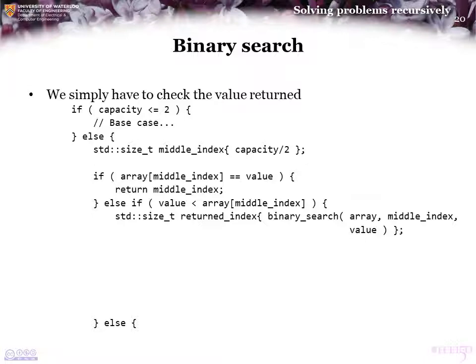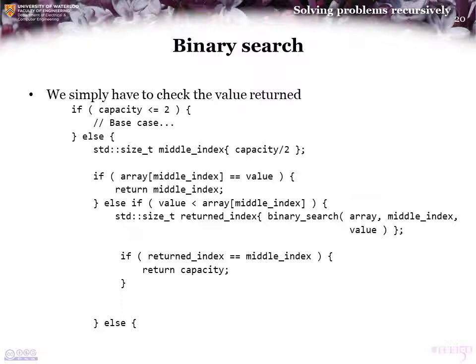Now, we will take whatever value is returned by this and assign it to the local variable returned index. We will now check, is the returned index equal to the middle index? Well, if so, this means that the value was not found in the first half of the array, and therefore it's not in the array with the given capacity.